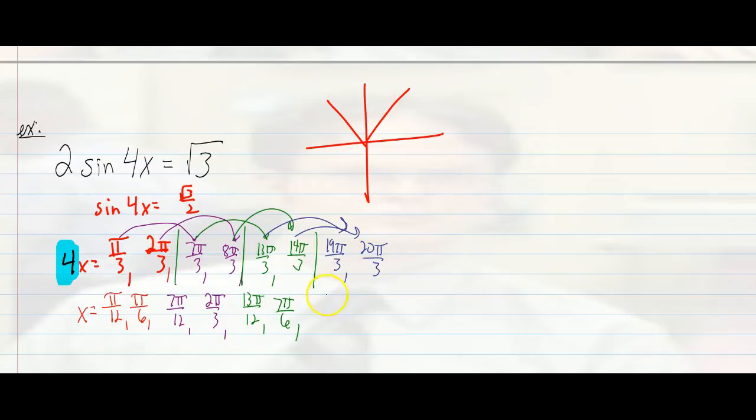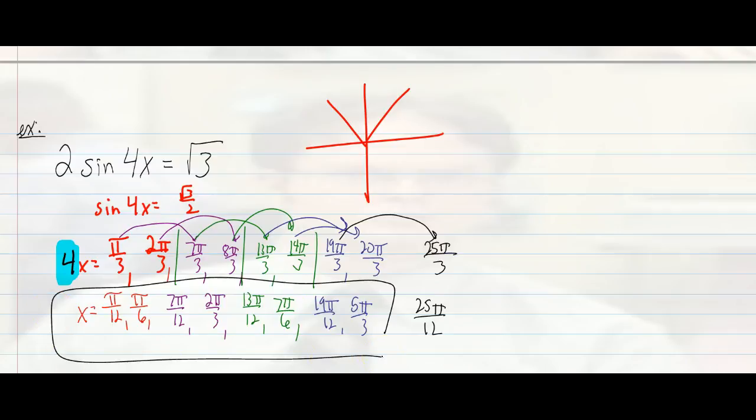And if we carry those down, that's answers of 19 pi over 12 and also 20 pi over 12, which simplifies to 5 pi over 3. I think that's all my answers. Normally we had 2 answers, and now I have 8 answers written. If I tried to go further, in other words, if I add 2 pi onto that one again, that's 25 pi over 3. If we divide that by 4, we get 25 pi over 12, and that's bigger than 2 pi, so it doesn't work. I did have all of my correct answers before. These are all of the solutions to that problem.